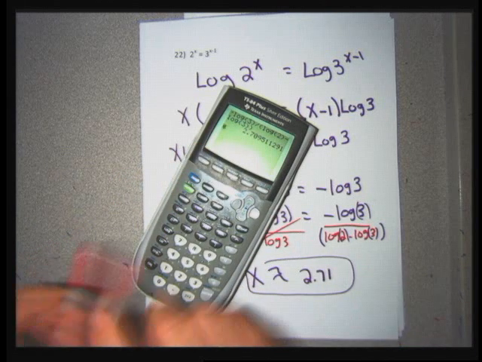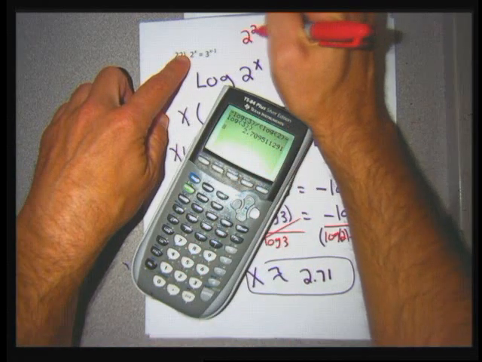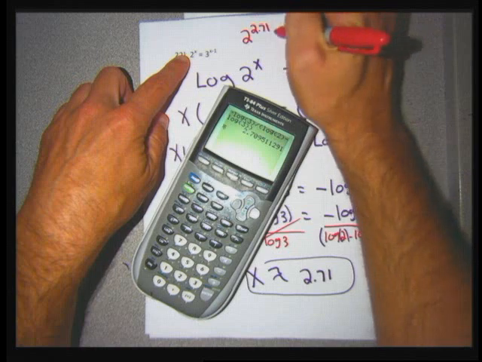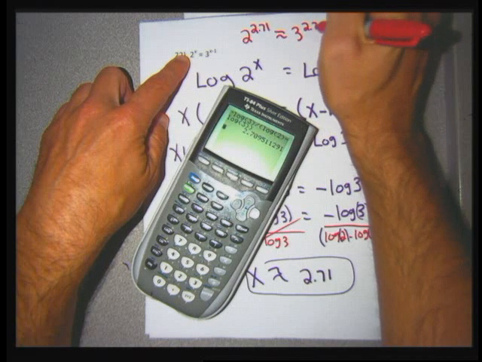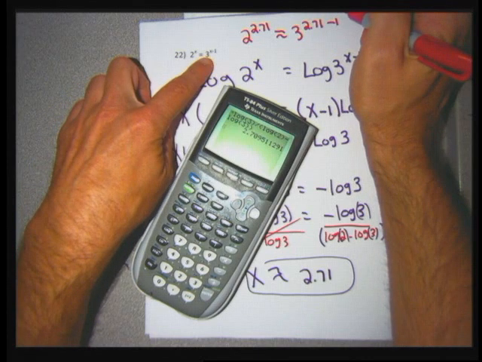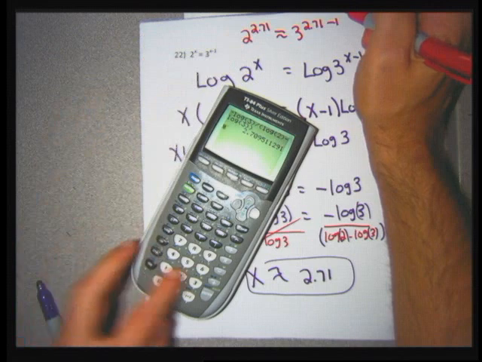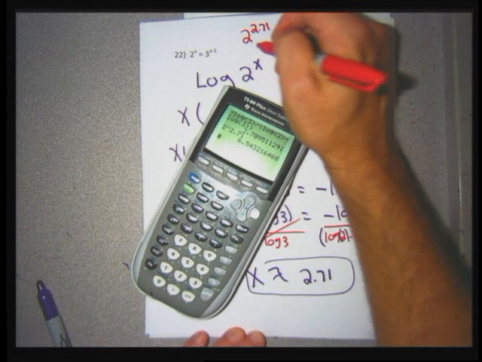For checking, I go to the original problem. It has to be the case that 2 to the 2.71 power is about 3 to the 2.71 power minus 1. So there's two x's. I have to put the x's in each. The left-hand side, if I go 2 up arrow 2.71, I get 6.54.